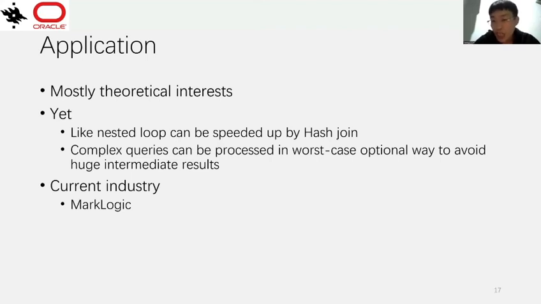For sure, we cannot guarantee the best performance with this algorithm, but we can guarantee that in the worst case, it is quantified. It cannot be worse than the worst case situation. That is, the worst is predictable. For current commercial databases, as far as we know, MarkLogic is using this technique in their engines.